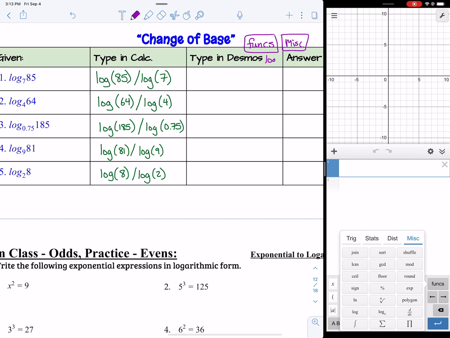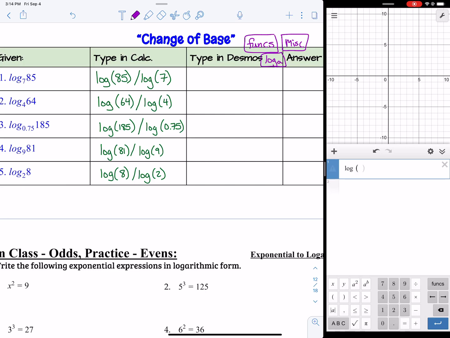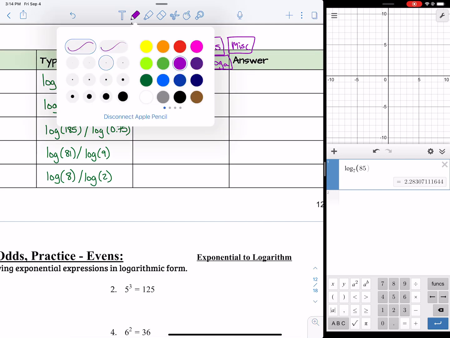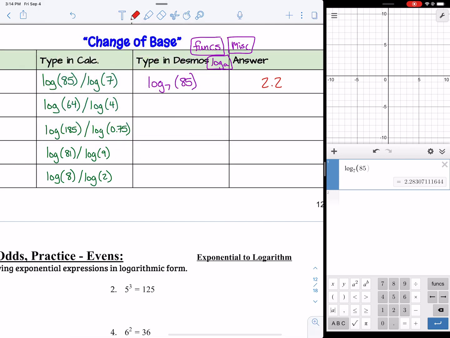So we need the little log base A button down there. And then you're able to type them just like they look. So we would just type in log base 7 of 85 into Desmos once we type those buttons each time. And then we get our answer, which is 2.28.